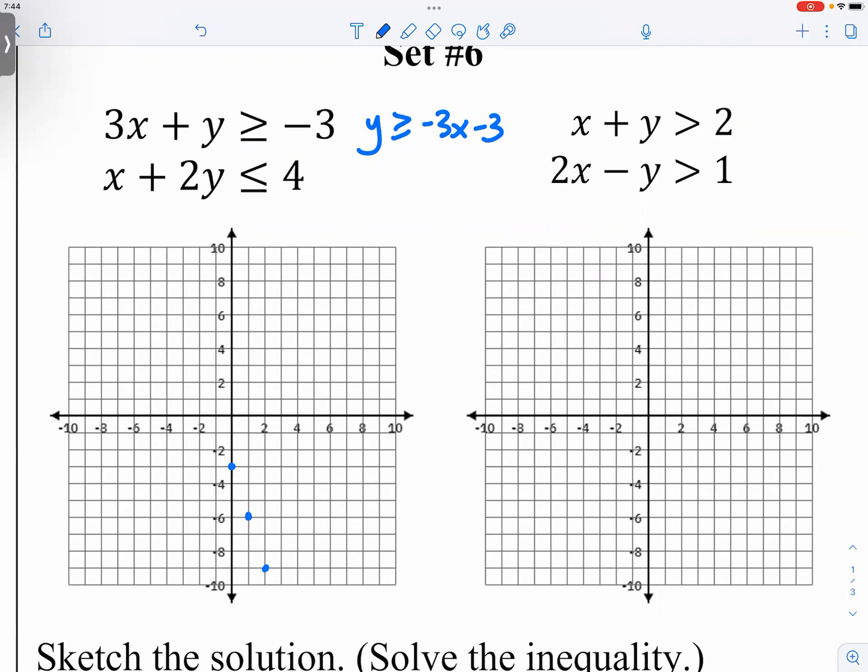You see a linear line, you have no fear, you know how to make that linear line 10 out of 10, okay? So you go ahead and create that solid line right here, and then we'll shade the region above.